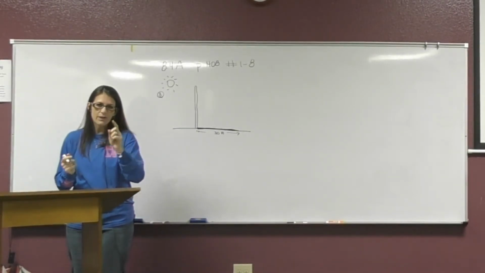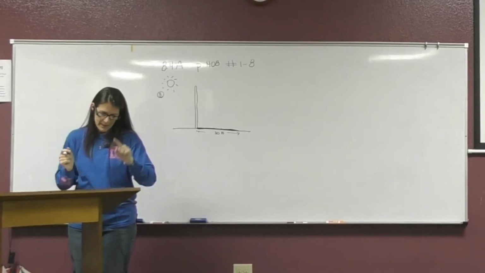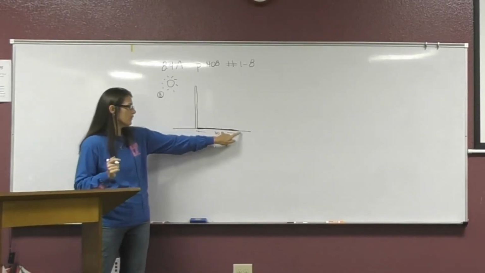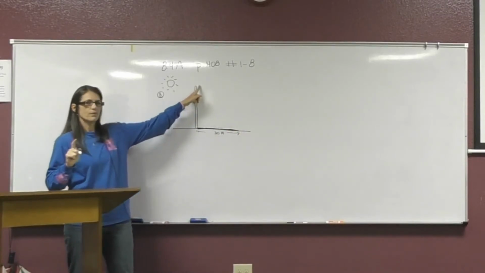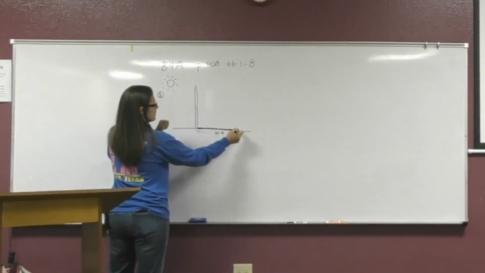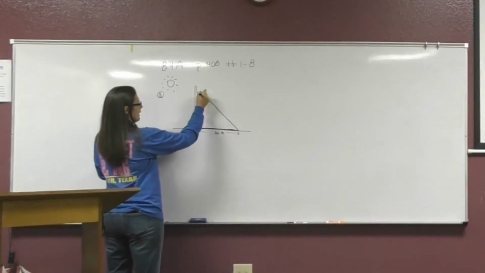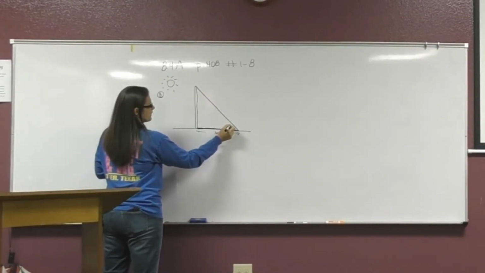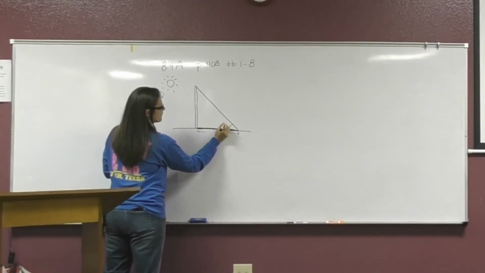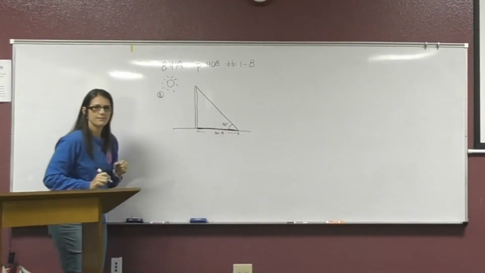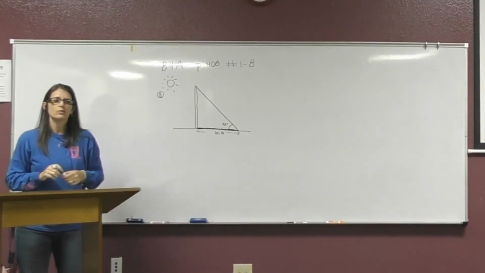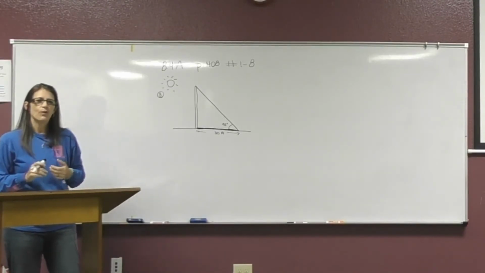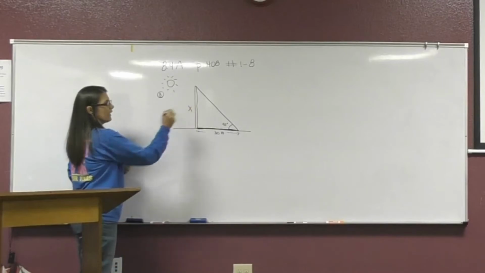The angle of inclination from the end of the shadow to the top of the pole is 53 degrees. So I can close that up. This angle right here is 53 degrees. The question is, how tall is the pole? So x would go right here.